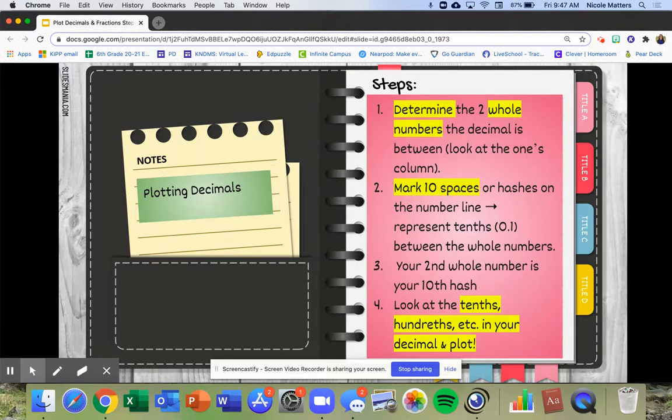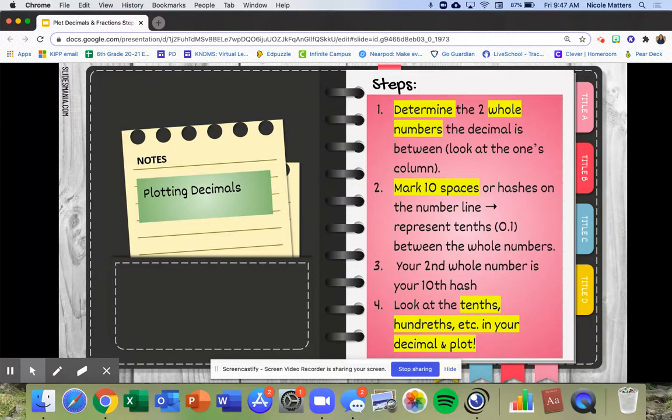Remember, if you have, let's say, 0.6, that decimal is in between 0 and 1. Our next step is to mark 10 spaces. This is how we're going to start with plotting decimals. So mark 10 spaces or hashes on the number line to represent the tenths, 0.1, between the whole numbers.